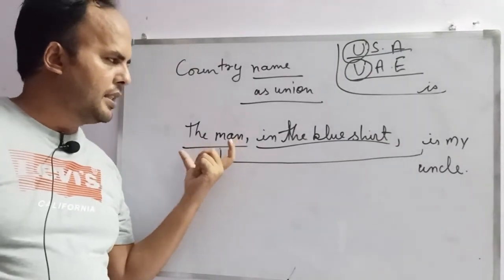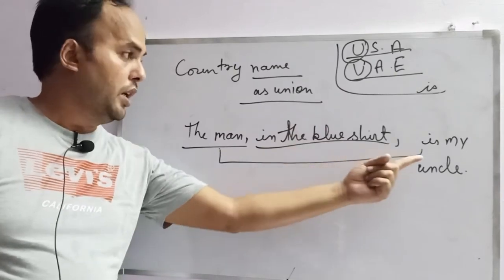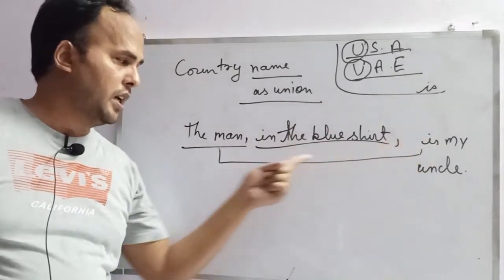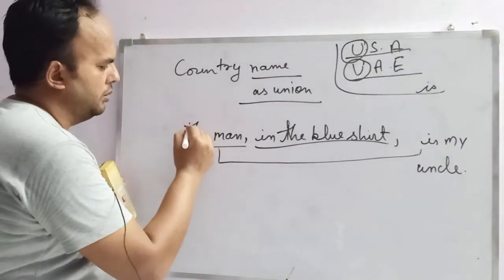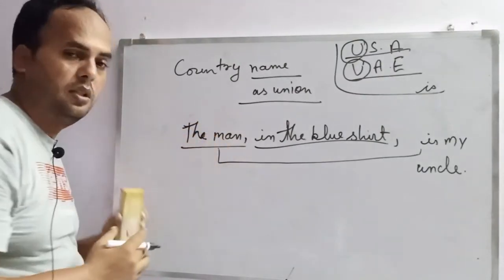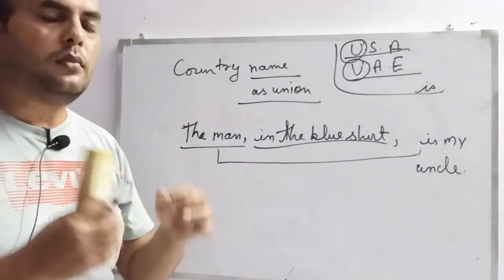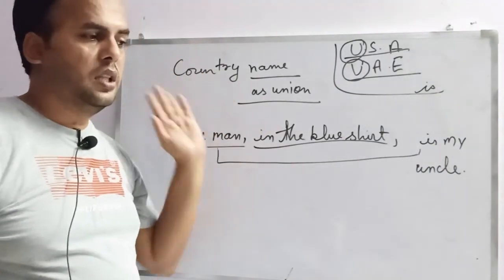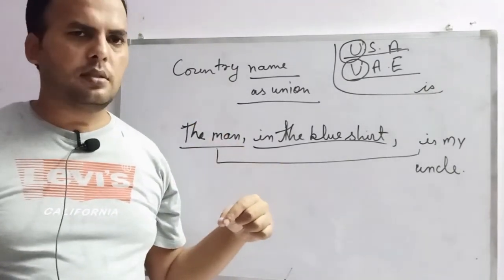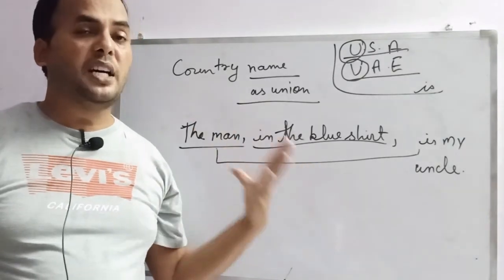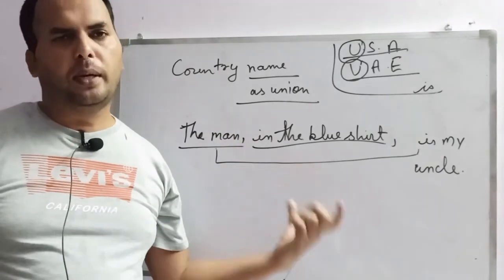If we are separating the subject from a group of words, we use the verb according to the subject. So remember these rules to make sentences. Once again, these rules must be watched again and again to understand the grammar better.